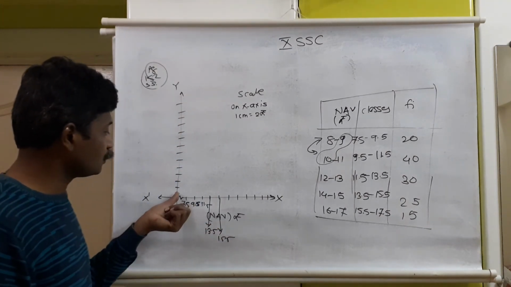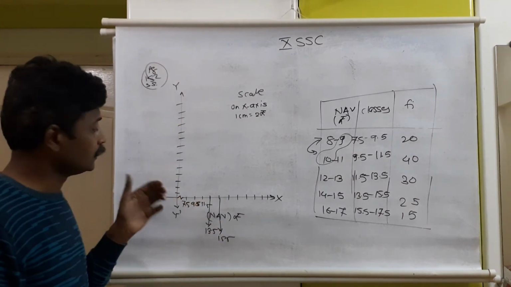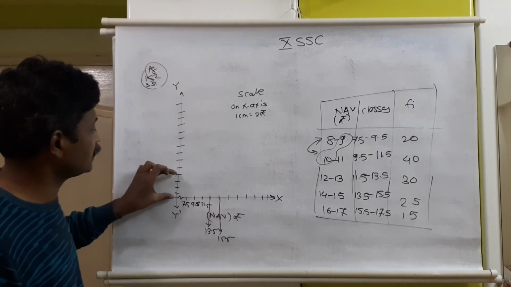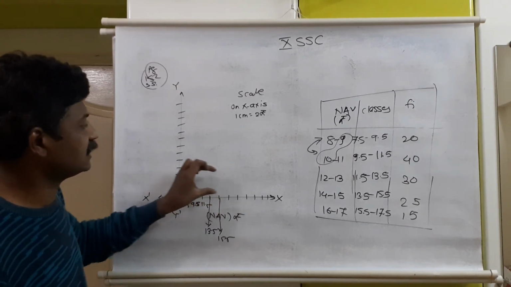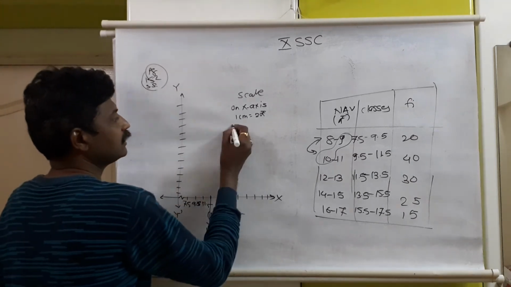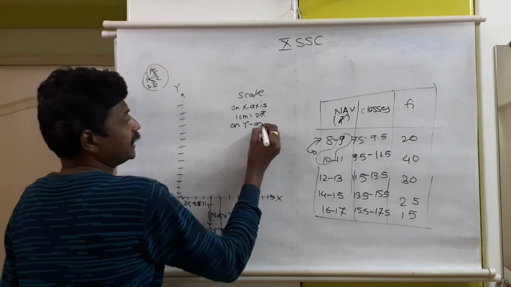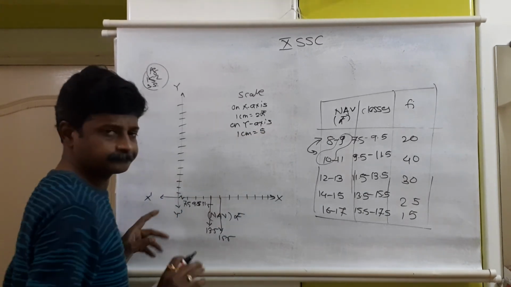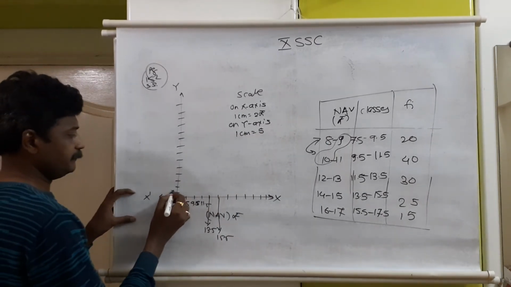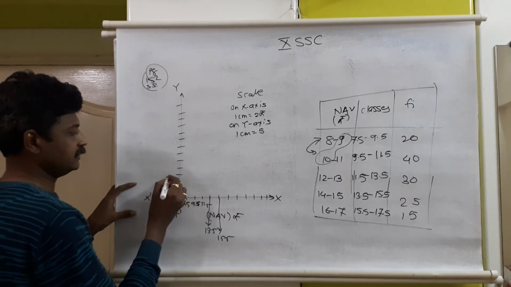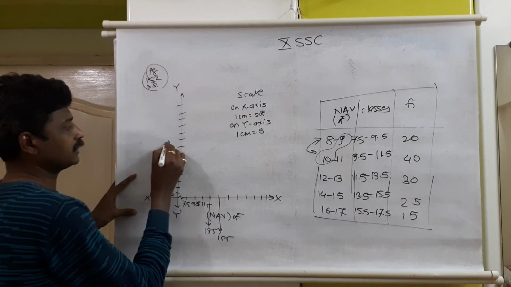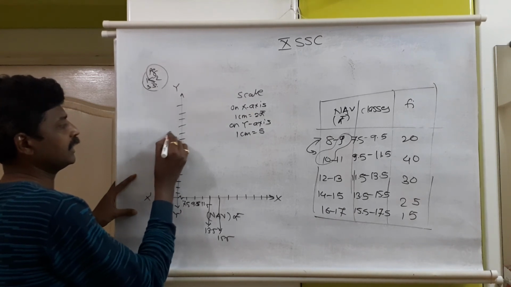It can be considered 1 centimeter equal to 5, or 1 centimeter equal to 10. If we consider 1, 2, 3, 4, 40 is the maximum and it gets covered in this. So I will consider on the y-axis 1 centimeter equal to 5 units. So it is 5, 10, 15, 20, 25, 30, 35, 40, 45 and then 50 will come.